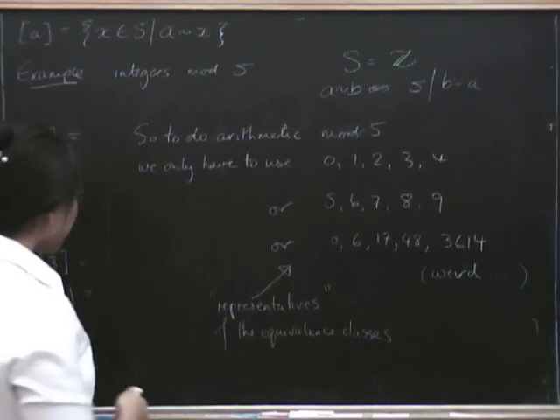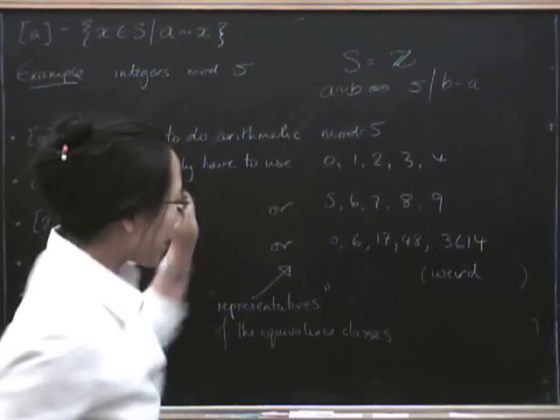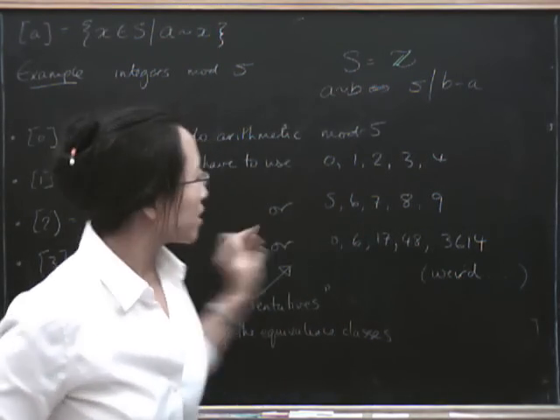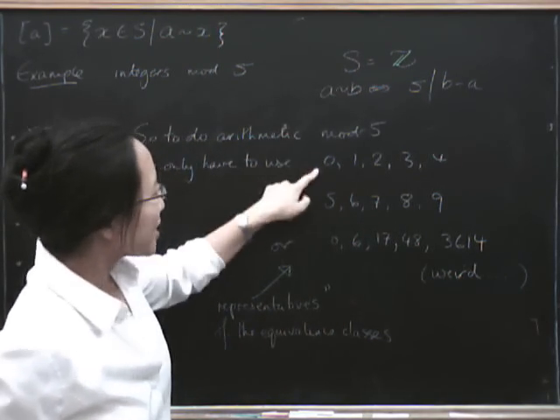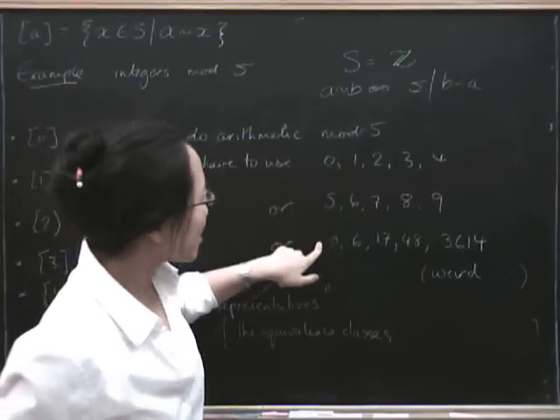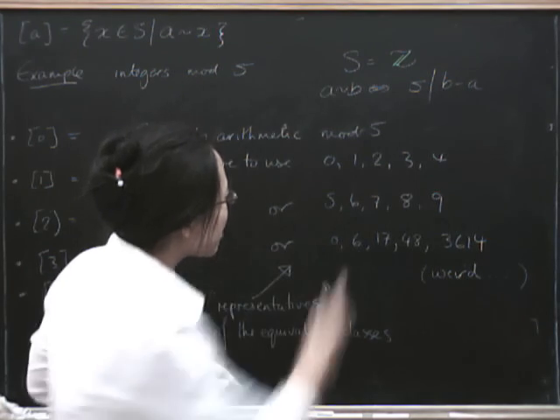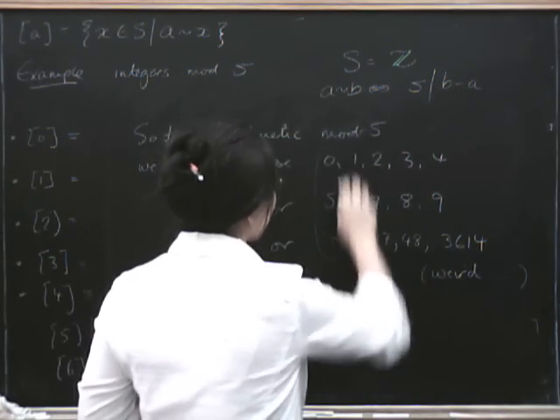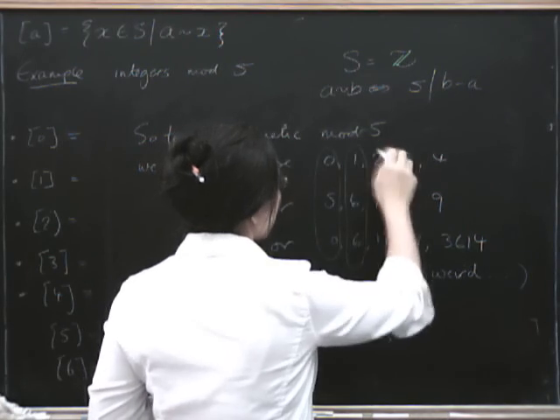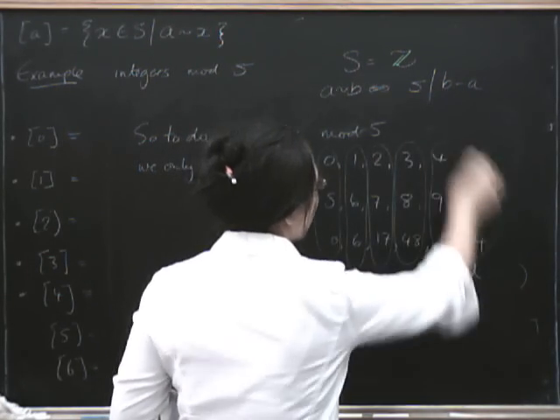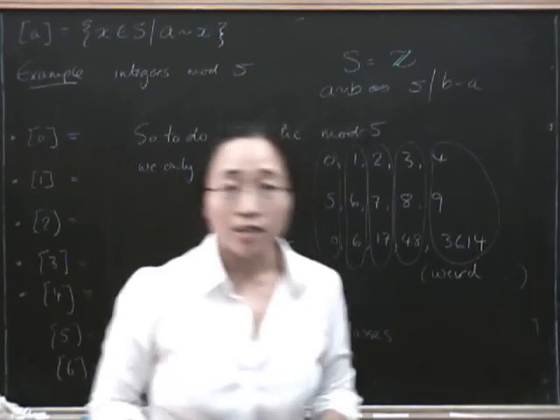But the difference between equivalence classes and representatives of equivalence classes can be a bit confusing. So remember it like this, that you could pick these weird ones and that would have exactly the same effect, because really you're still just referring to the same equivalence classes, because these are all in the same equivalence class. Those are all in the same equivalence class. And so on. Of course, there's lots of other stuff in that equivalence class as well.